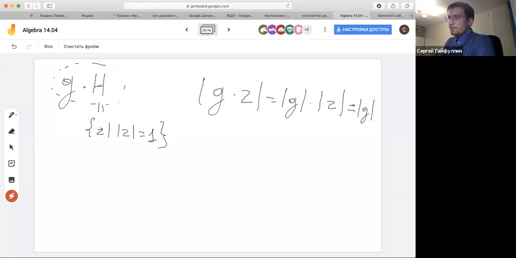Our hypothesis is that this set equals all x from C star such that the modulus of x equals the modulus of g.